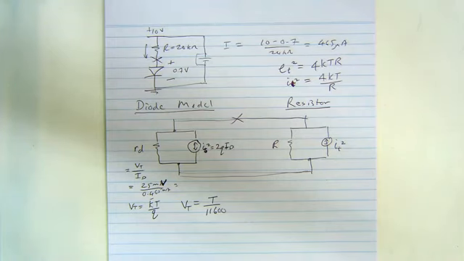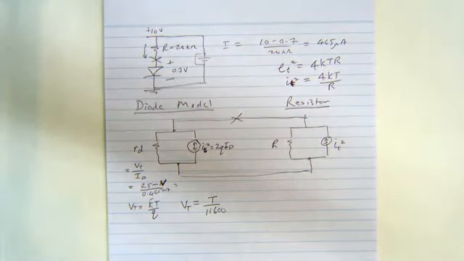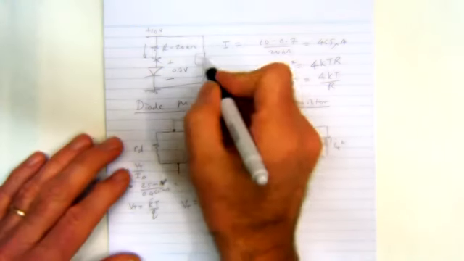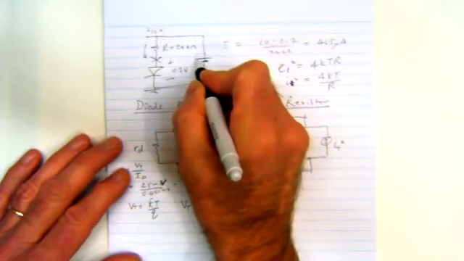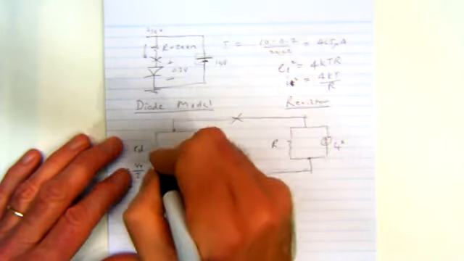Explain why it's in parallel. Okay, it's simply because from an AC sense, the DC thing that provides the 10 volts looks like a short circuit internally. Let's say this is the device, the DC power supply that's providing 10 volts.